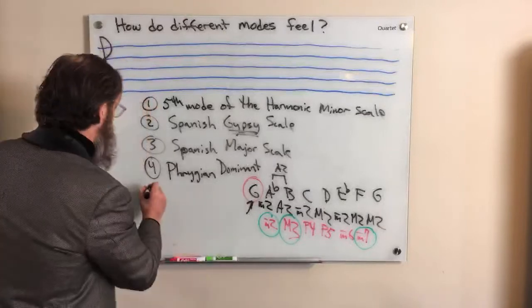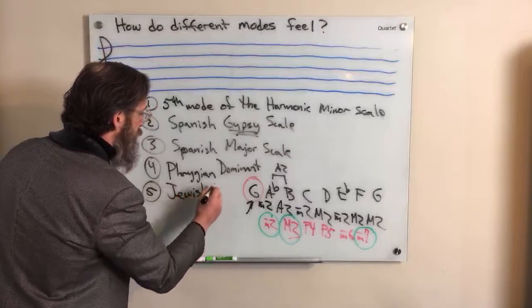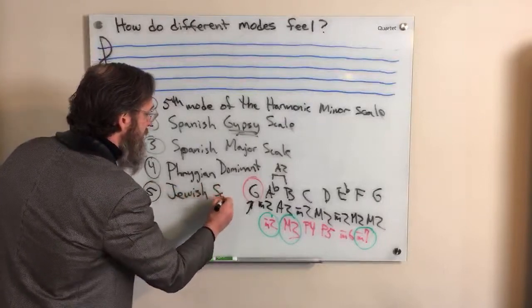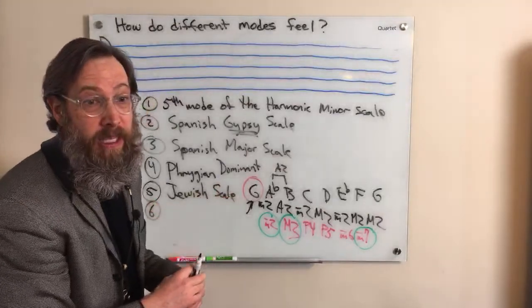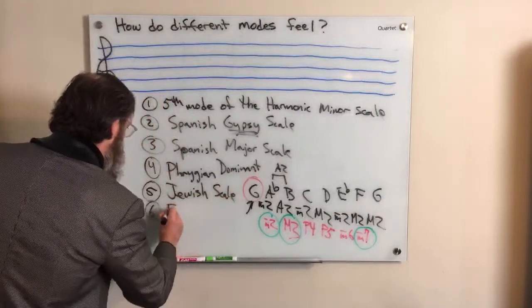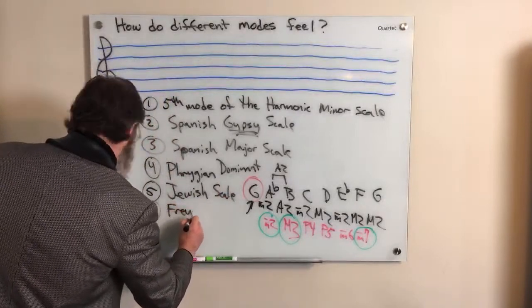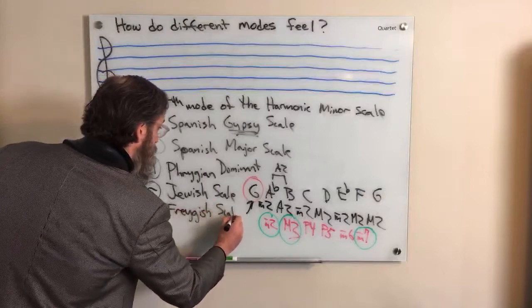Some people will call it the Jewish scale, because there's certain Hebrew Jewish music that uses this scale as well. They will sometimes call it, and I'm just getting so I can spell this right, Phrygish. And this is all coming from a Jewish tradition.